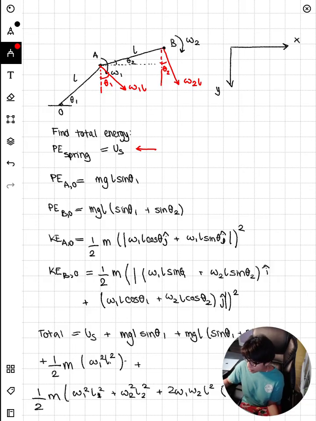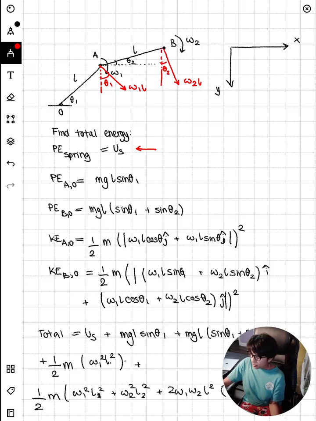So we'll be taking the magnitude of the vector we get, and the linear velocity in this case would be nothing but the radial distance times the angular velocity, which is ω1 times L. The components will be ω1L cos θ1 j, which is in this direction, and ω1L sin θ1 i, which is in this direction.